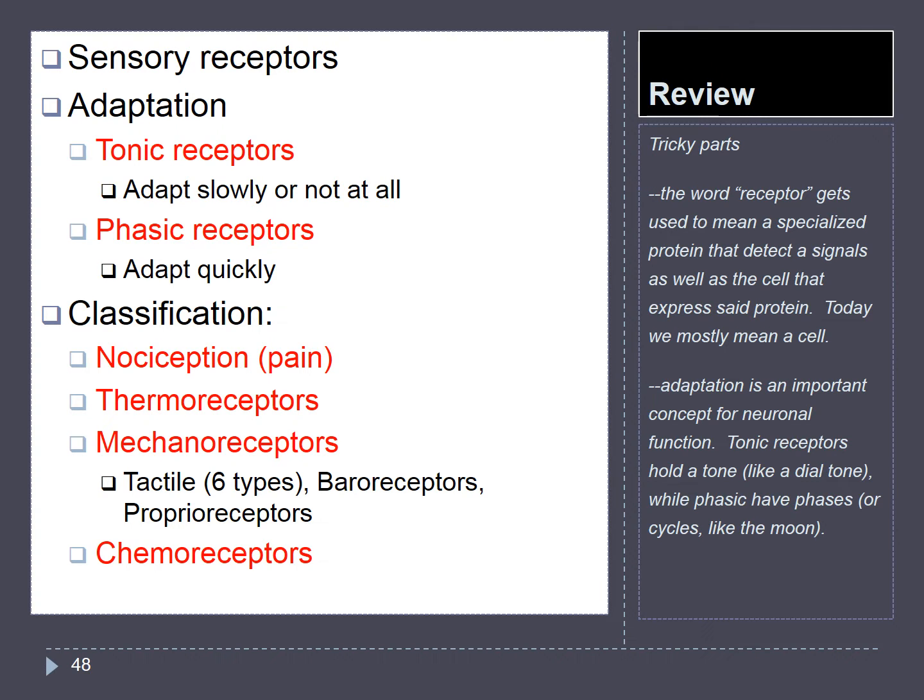But that's going to wrap us up for the general senses. And again, we covered a number of basic concepts that were common amongst both the general senses, but are also going to be common amongst some of the special senses that we're going to be covering next.